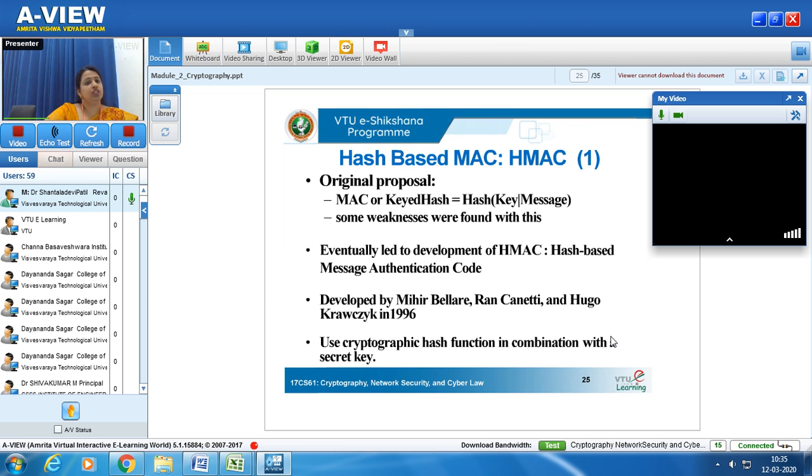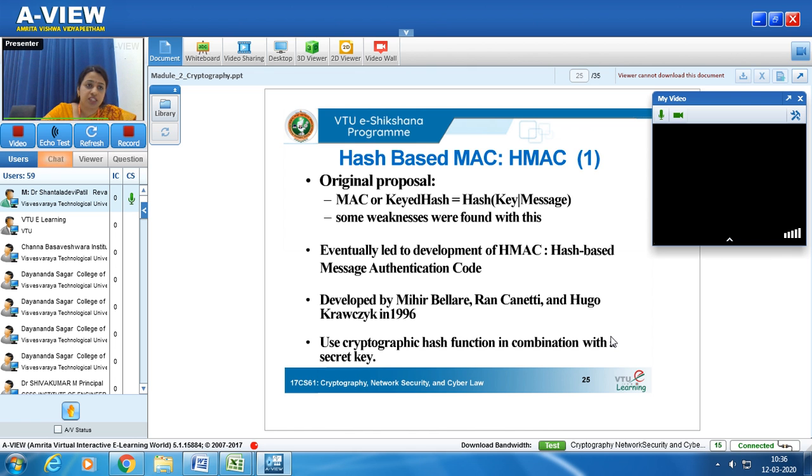This is another method of computing the MAC value, which is based on a hash. Let's see the drawbacks of the previous method and why this method was proposed. The MAC calculated using a keyed hash had the message concatenated with the key in order to obtain the hash. There was a weakness found with this.